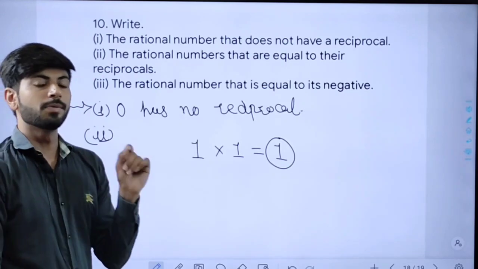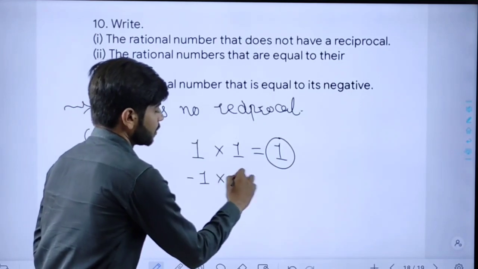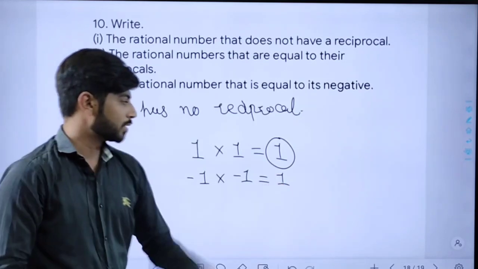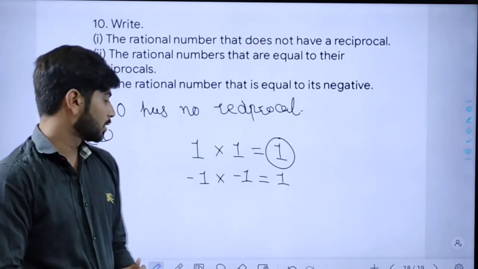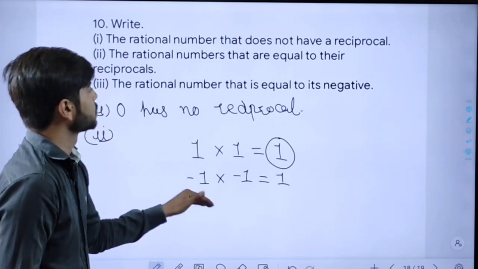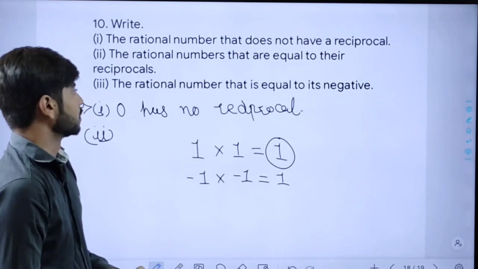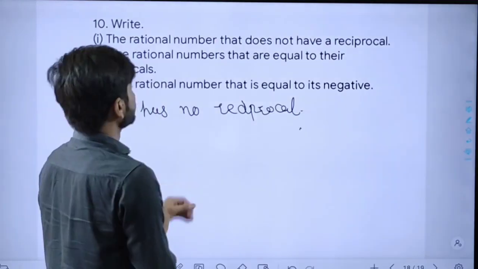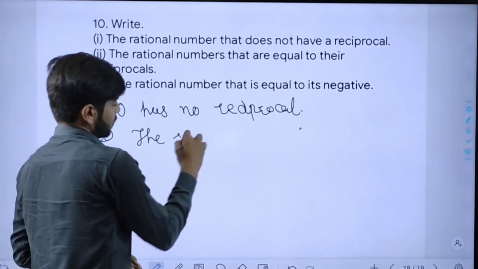Similarly, do you know the reciprocal of -1? If we multiply -1 with -1, we will get 1 as the answer, a positive 1. So if -1 is given, it also has the same reciprocal. So we will write 1 and minus 1 have equal reciprocals.